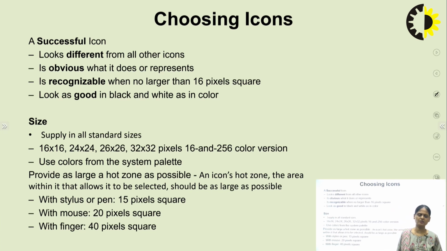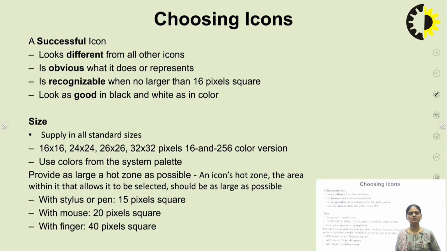Standard sizes of icons are generally preferred, so that the same size can be used on multiple windows and multiple screens, and it is quite consistent. Use colors from the system palette. It should provide as large a hot zone as possible.